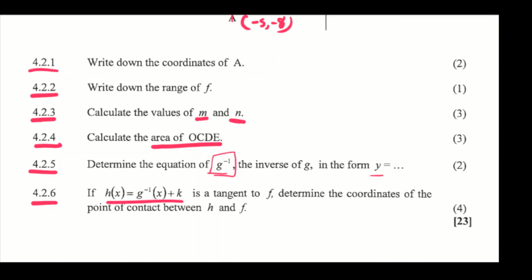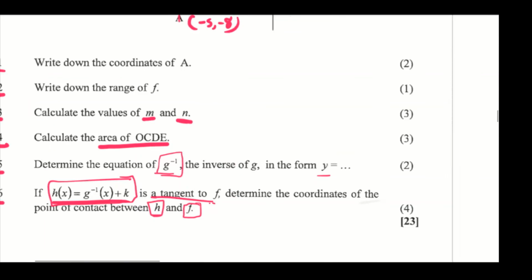4.2.6, we are told that if h of x is equal to the inverse of g plus k, and this is a tangent to f, determine the coordinates of the point of contact between h and f, right? So the point of contact, remember that f is a parabola. Let's say this is a parabola and it has a turning point here. Let me use another color.